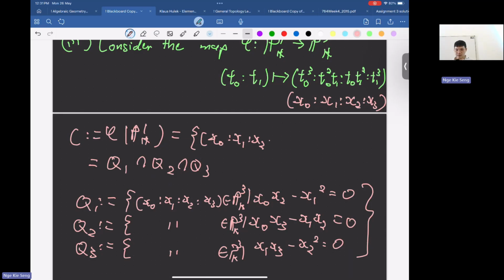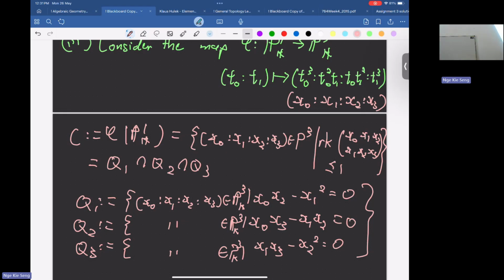These are all the points in P^3 such that the rank of this particular matrix, with rows x0, x1, x2 and x1, x2, x3, is less than or equal to 1. So these are the minors of this matrix.